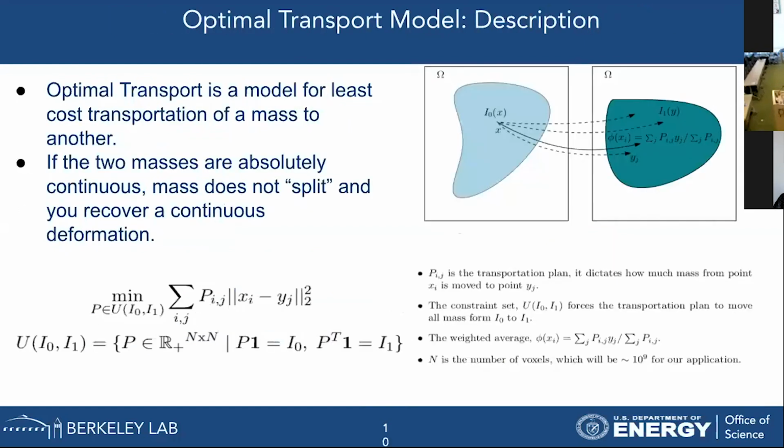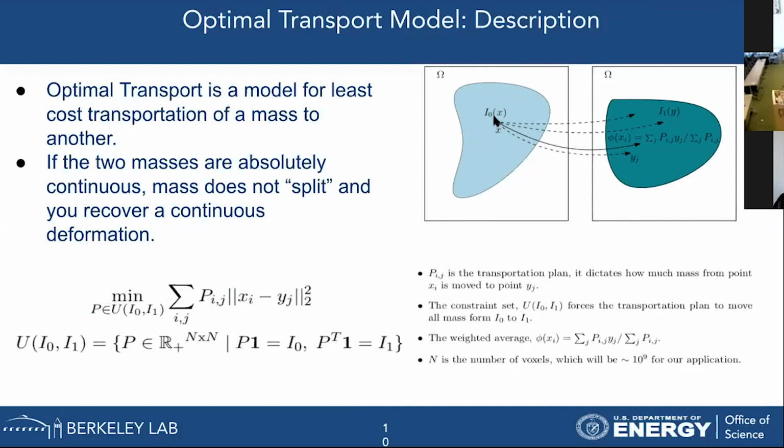And this is what it looks like. So before, we have our image I0 of x. And we're going to assume that at point x, we have a certain amount of mass, which is proportionate to I0. So we assume this big cayenne blob here has a specific amount of mass, and that the green mass over here has the exact same amount.